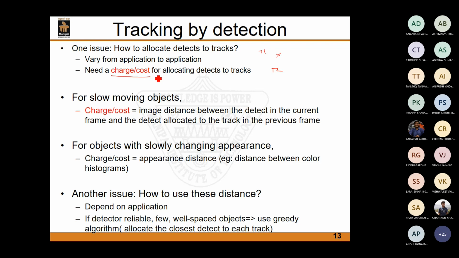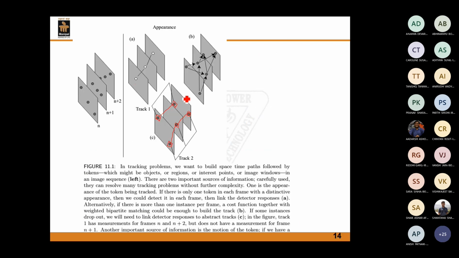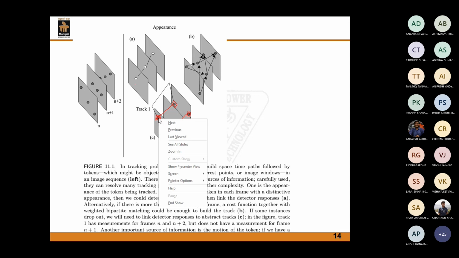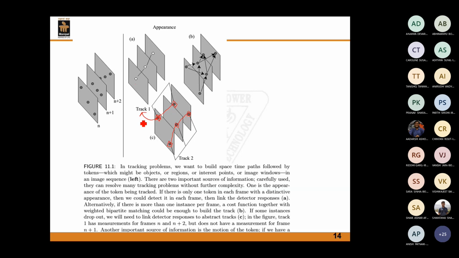What kind of cost function, we'll see later. Let us say that for this particular response that I'm considering, the cost function value is C11, that is for the detector output response 1 being allocated to track 1.